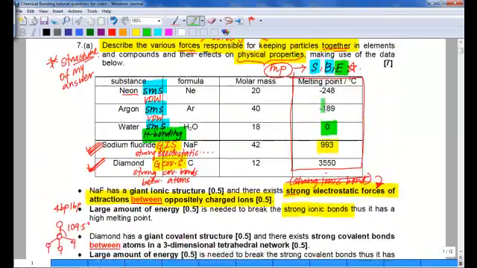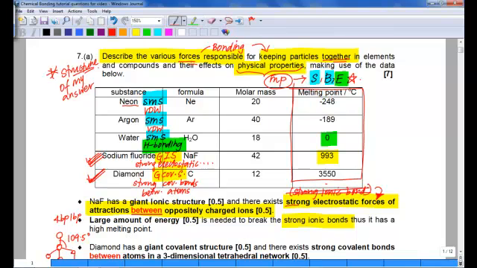And finally, if you take a look at neon and argon, both of them have VDW. So what are the two factors that you need to talk about here? Okay, of course, number one, you need to think of the electron cloud size. And number two, you need to think about the shape of the molecule.